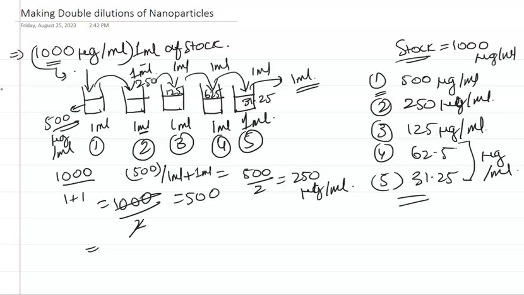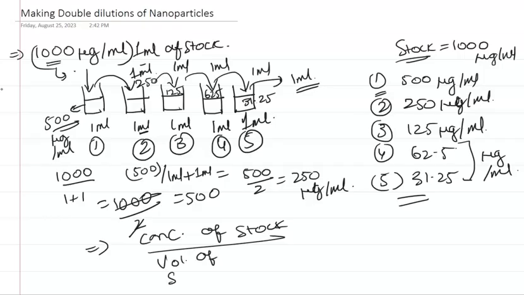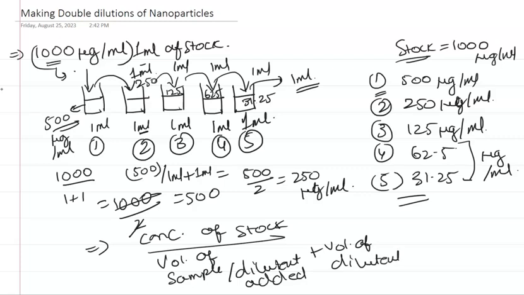Overall formula can also be remembered as concentration of stock upon volume of sample or diluent added plus volume of diluent present in tube.